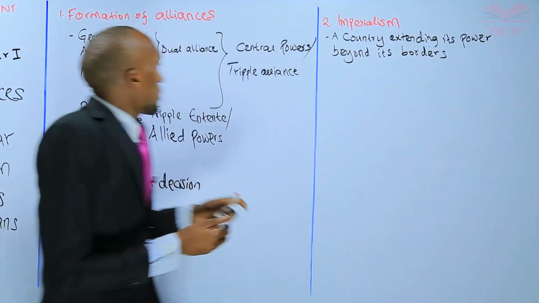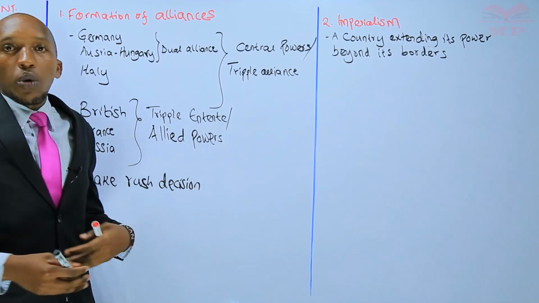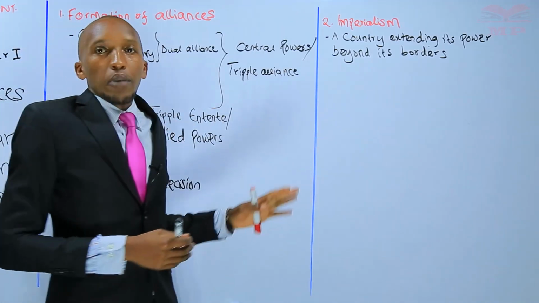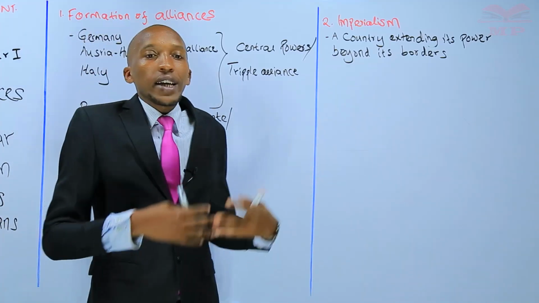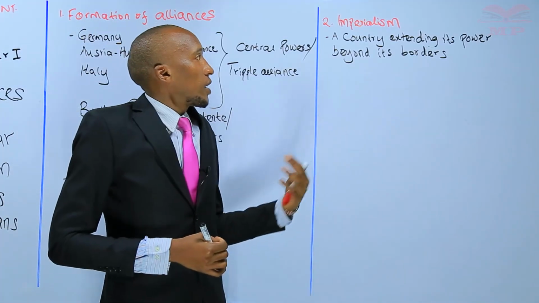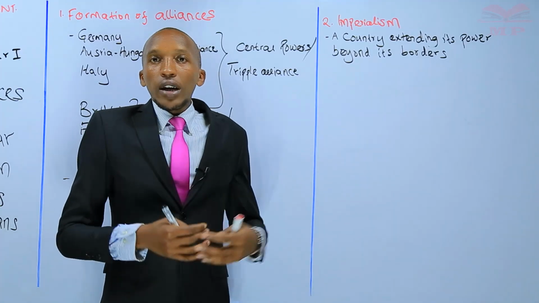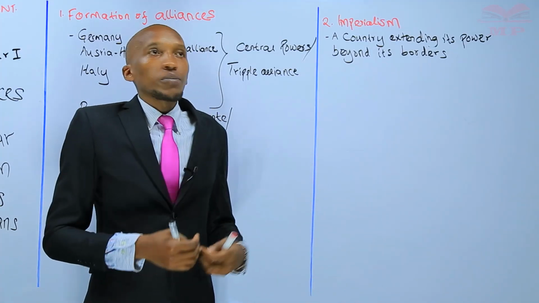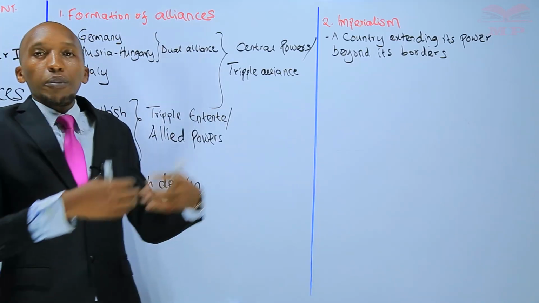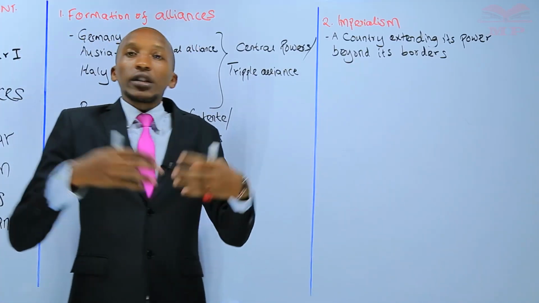So these powers wanted to show their might beyond their own boundaries by getting extra territory in other countries. You can see this by looking at the colonization process that was happening. It happened in Africa, it happened in the Americas.